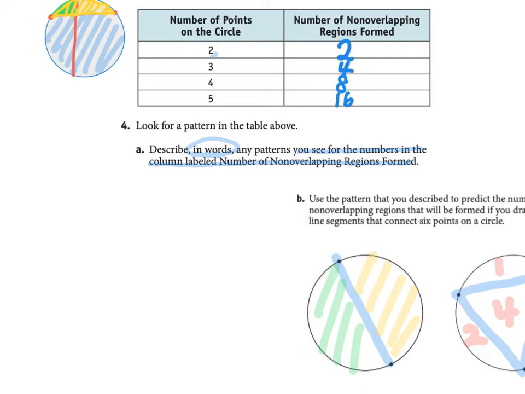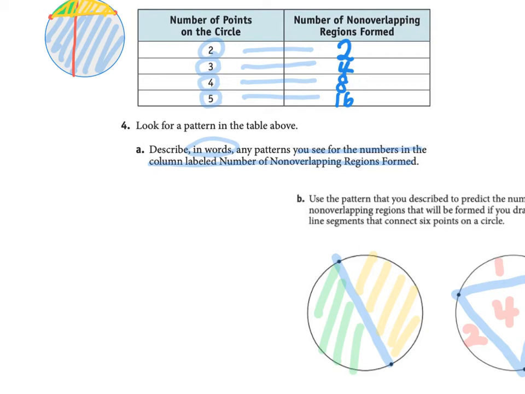So when you have 2 points, it has 2 regions. When you have 3 points, it has 4 regions. When you have 4 points, it will be 8 regions. When you have 5 points, it is 16 regions.